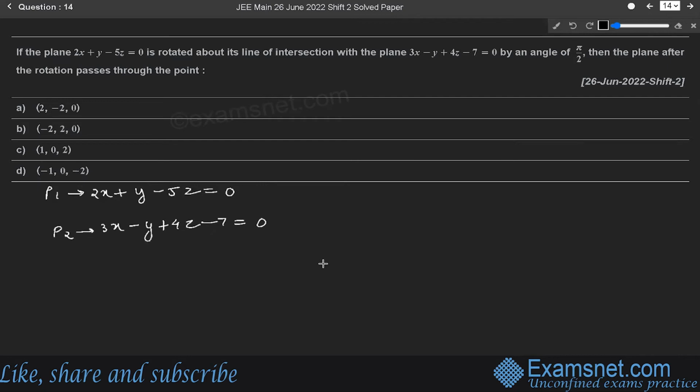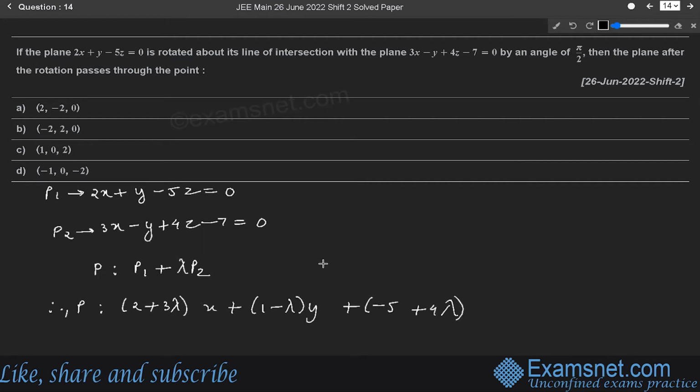We know that the family of planes through P1 and P2 is P1 plus lambda into P2. Therefore, P is such that (2 plus 3 lambda) x plus (1 minus lambda) y plus (minus 5 plus 4 lambda) z minus 7 lambda is equal to 0.